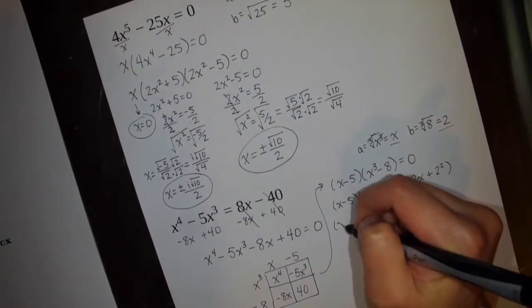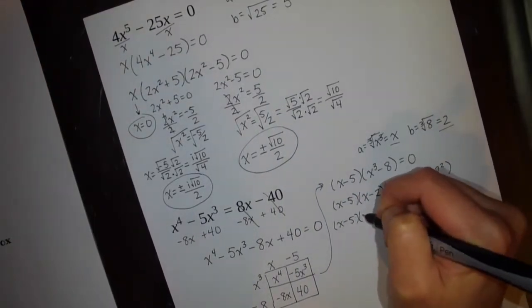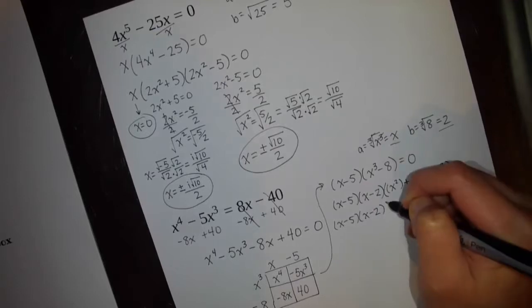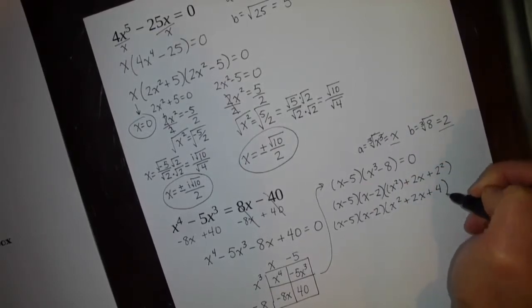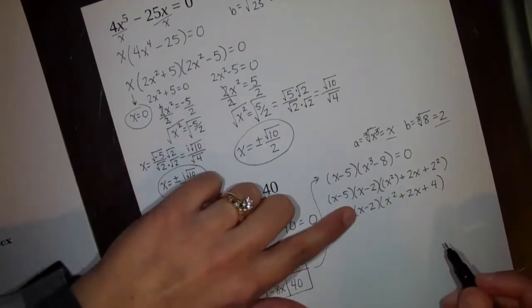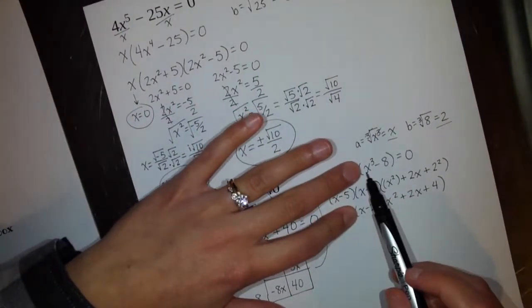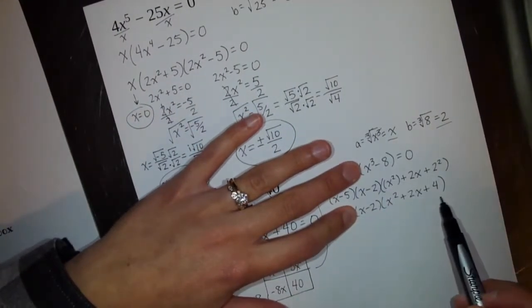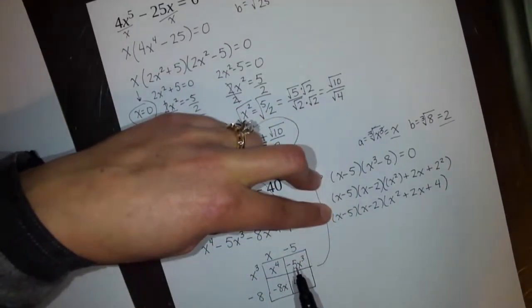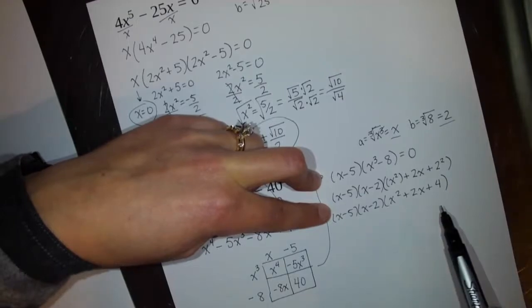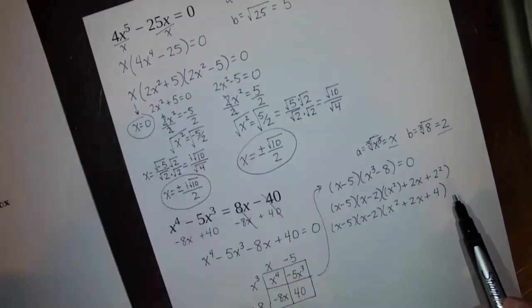Okay, so this is x minus 5, x minus 2, x squared plus 2x plus 4. So this is the x cubed minus 8 factored using the formula, and the x minus 5 is from our original factoring. So this is it totally factored out now.